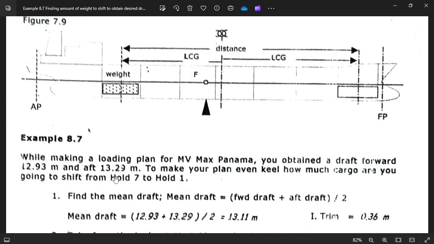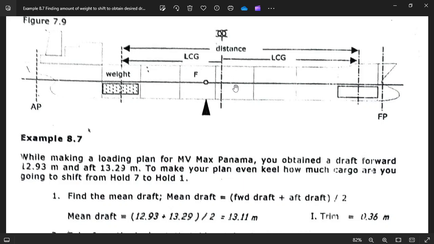While making a loading plan for Panamax, you obtain a draft forward of 12.93. This is your forward draft, and aft draft will be 13.29. To make your plan even keel, how much cargo are you going to shift from hold 7 to hold 1? So let's say if this is your hold 7, how much weight are you going to shift to make the vessel even keel?